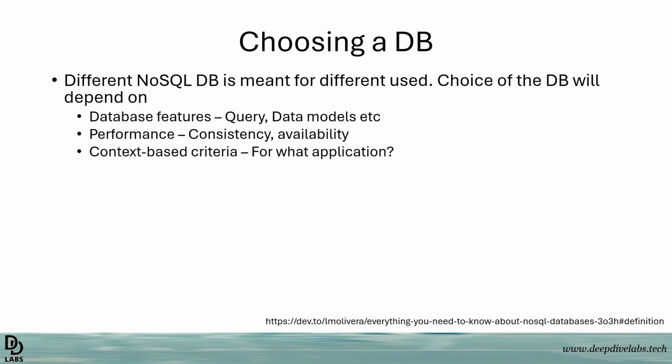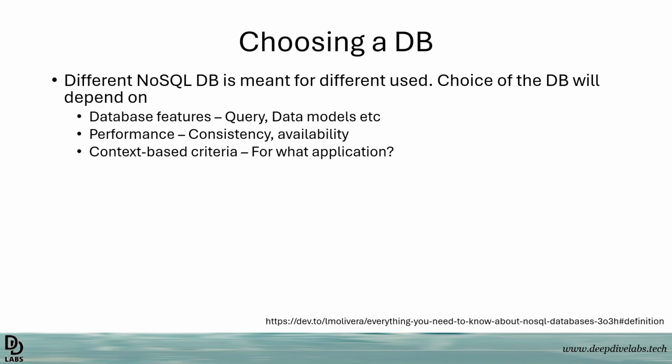The choice of database will depend on the database features, how queryable it is, what the data model is in which you can store, and whether your application is able to store it in that data model, right? Performance, so what about the consistency and availability of the database, etc. And the context-based criteria: for what application are we using a database, right?